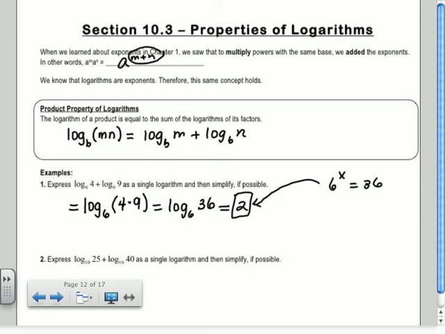All right, so the next one, it says log base 10 of 25 plus log base 10 of 40. So express as a single logarithm. So it's log base 10 of, since I have addition, I'm going to multiply. So I have log base 10 of 1,000. So 10 to some power equals 1,000.